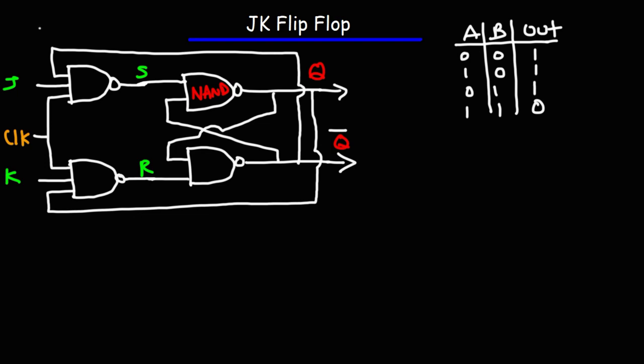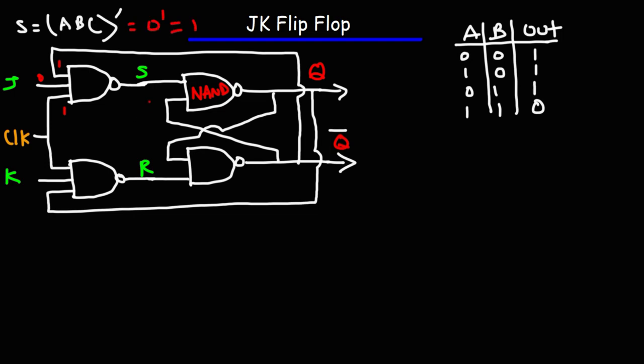Here's the formula for the output of a 3-input NAND gate. Let's use S and the 3 inputs A, B, and C. So S is going to be A times B times C, but it's the complement of that. So if we have 1, 0, 1, then 1 times 0 times 1 is going to be 0. The complement of 0 is 1.